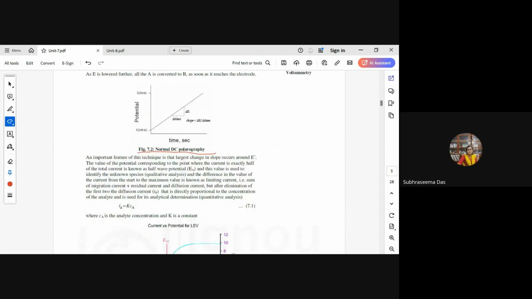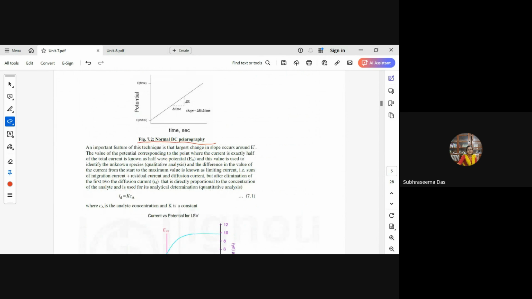Now, an important feature of this technique is the large change in the slope that occurs around E0. The value of the potential which corresponds to the point exactly where half of the total current is reached is called the halfway potential, and it is represented as E half. And this E half is widely used in qualitative analysis of various types of unknown species.